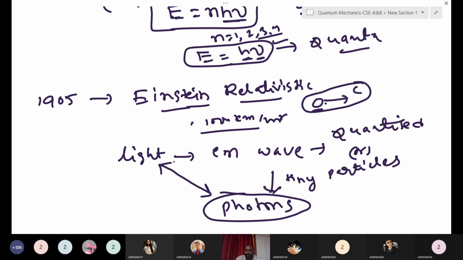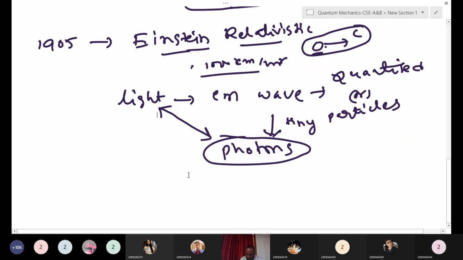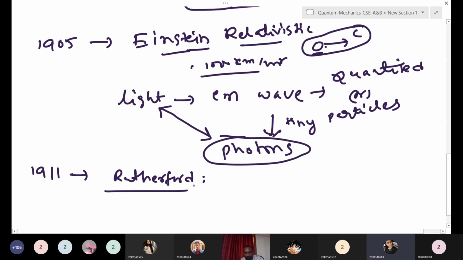After this, a lot of changes came into the picture. In 1910, I think, what did Rutherford propose? Anyone, what is the Rutherford model? What did he do? Alpha particle scattering. Yes, very good. So he discovered the nucleus.